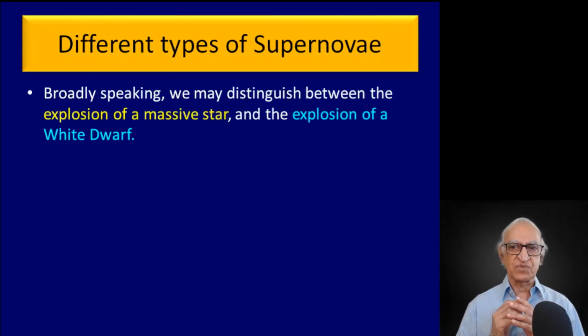Broadly speaking, we may distinguish the different types of supernovae as arising due to the explosions of a massive star or the explosion of a white dwarf which is pushed over the Chandrasekhar limiting mass.